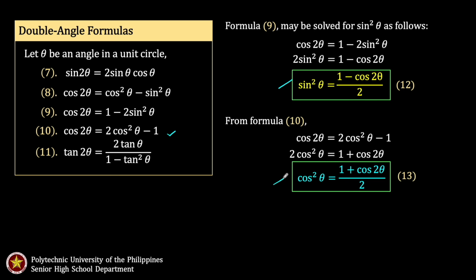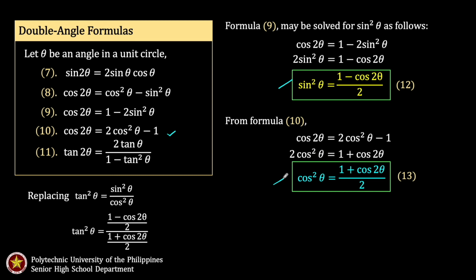What we are missing now is tangent squared theta. To obtain that, replacing tangent squared theta with sine squared theta over cosine squared theta, we have 1 minus cosine 2 theta over 2, since this is your sine squared from equation 12.